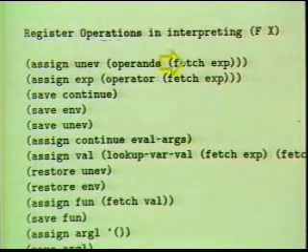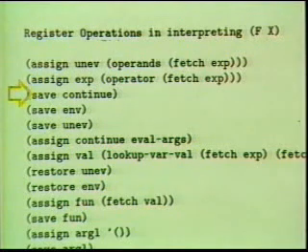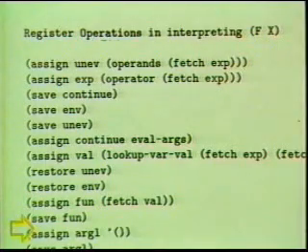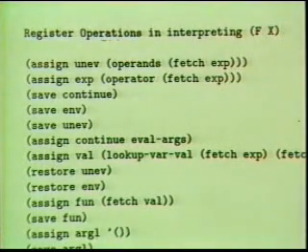It pulls the operands out of the exp register and assigns them to unev. And then it assigns something to the expression register, and it saves continue, and it saves env. All I'm doing here is writing down the register assignments that the evaluator would have done in executing that code, and you can zoom out a little bit. Altogether, there are about 19 operations there. And this will be the piece of code up until the point where the evaluator branches off to apply-dispatch.